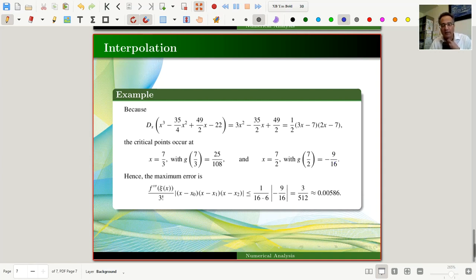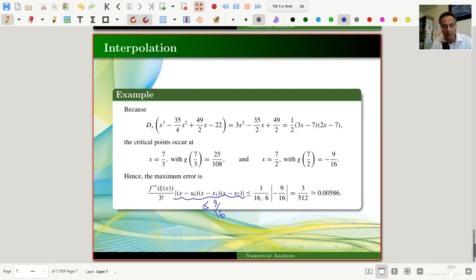We know that between these two, the absolute value of this one is greater. So the maximum error will be f triple prime of xi of x over 3 factorial times this parentheses, and we know that this absolute value is less than or equal to 9 over 16.